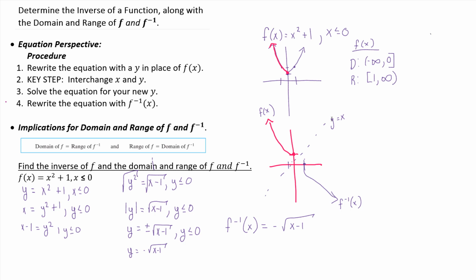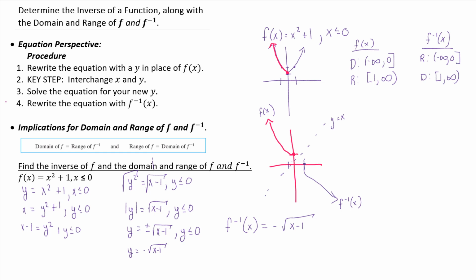But when we talk about f inverse of x, we can see that the domain starts at 1 and goes to infinity. And then the range would start at negative infinity and go up to 0.